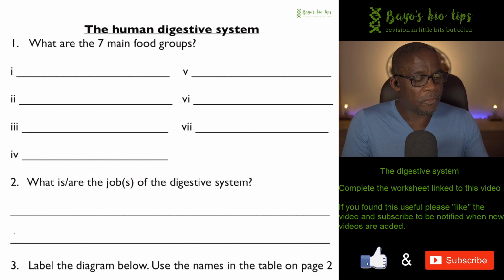Okay, so the 7 main food groups. I often end up leaving some of these out, but let's see if I can get through the entire list.